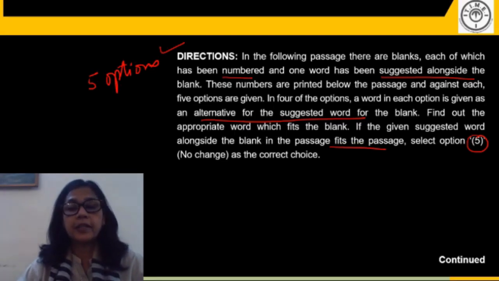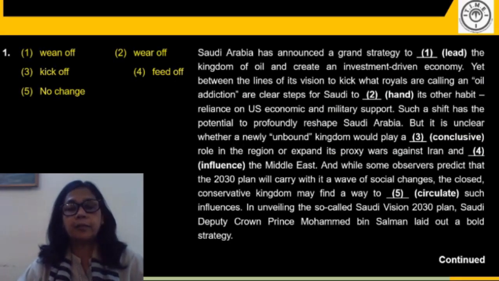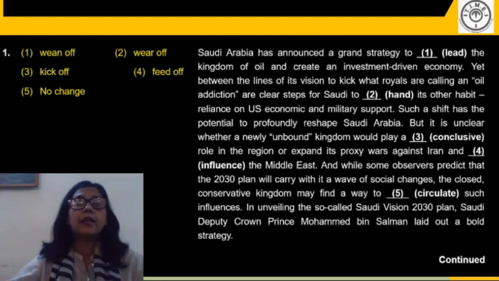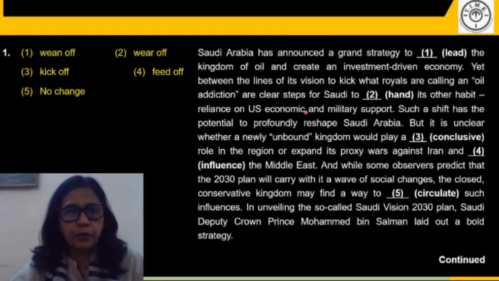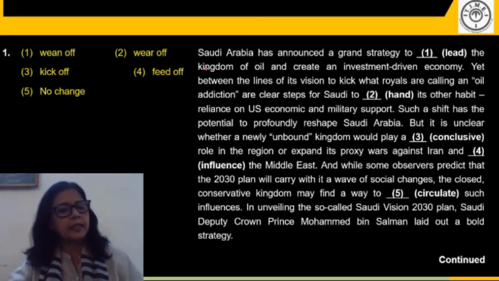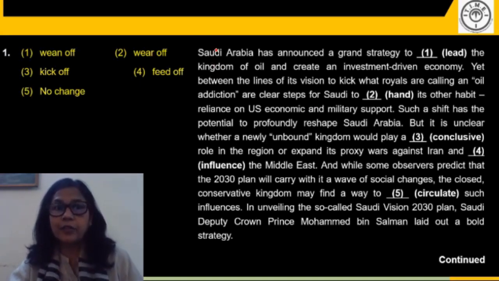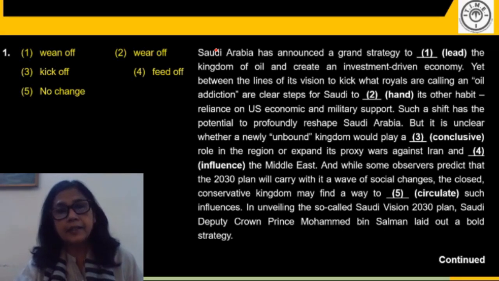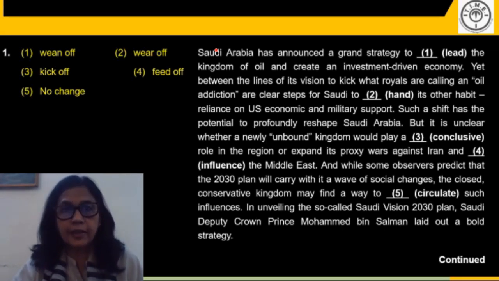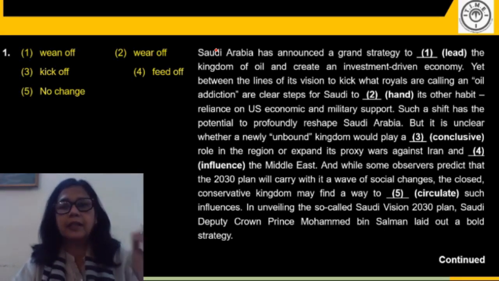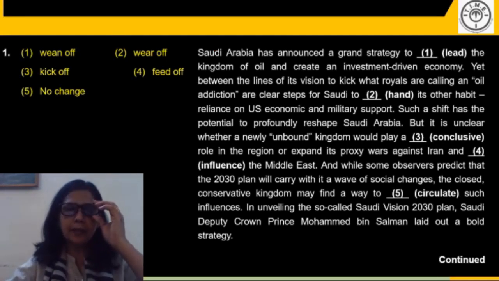So let us start with the first paragraph here. Now, the way to go about these questions is that you do not consider each sentence separately. It may happen that individually you may have marked the right word for that particular sentence, but then the sentences are not gelling together. Hence, it is imperative that you quickly scan the paragraph.